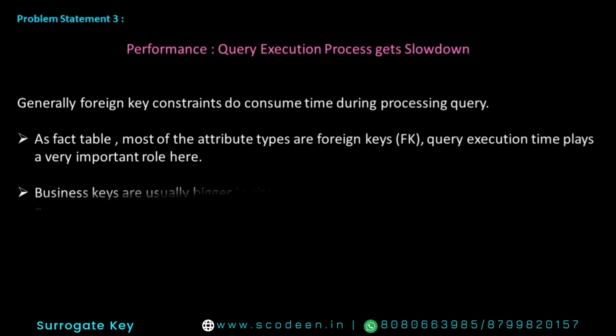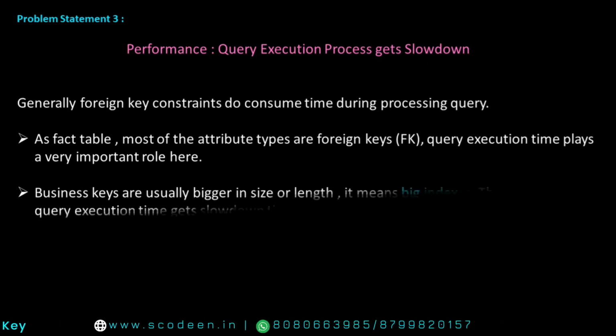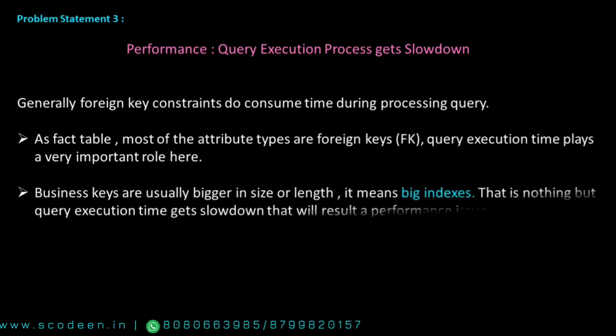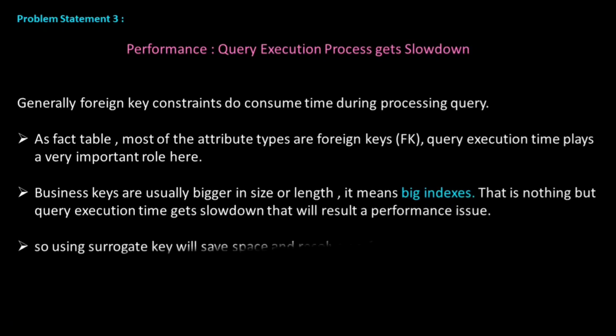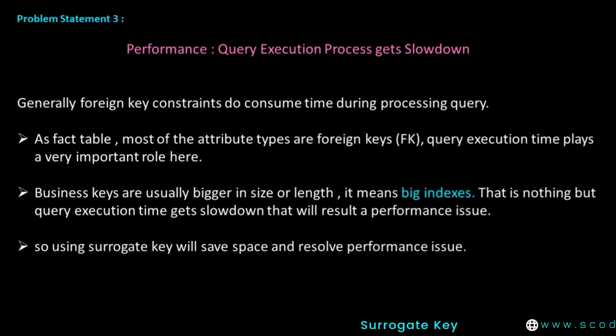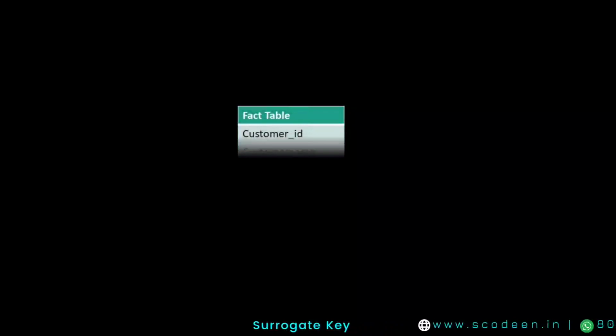Business keys are usually bigger in size or length. It means big index. That is nothing but query execution time gets slowed down. That will result a performance issue. So if we use surrogate key, then definitely space will be saved and performance will be improved.